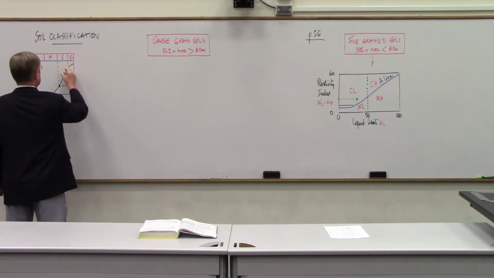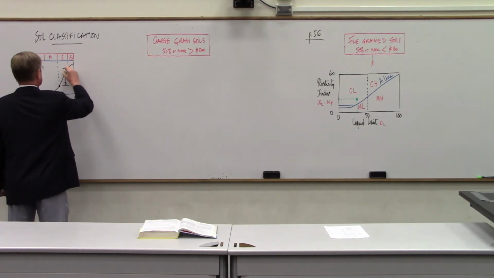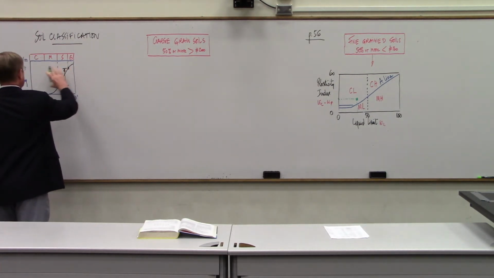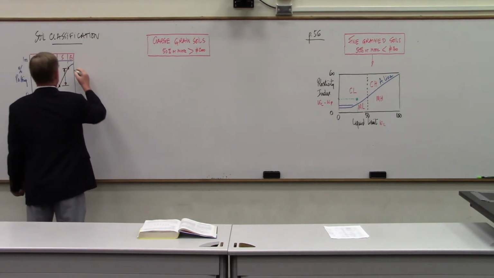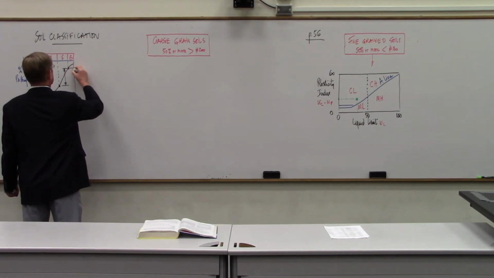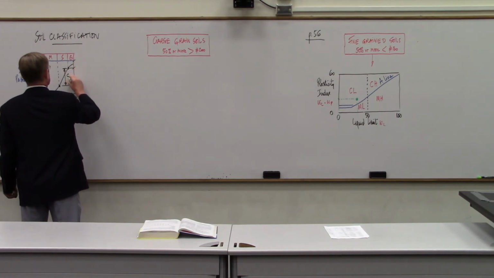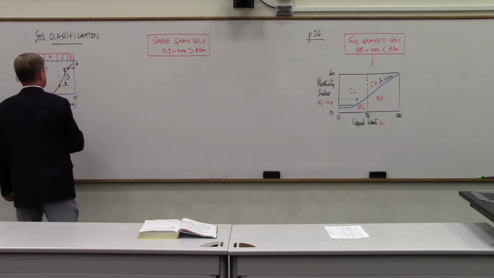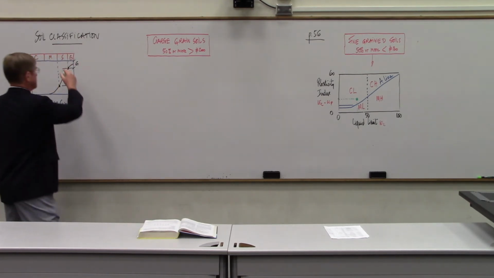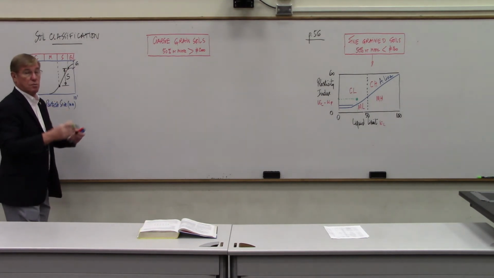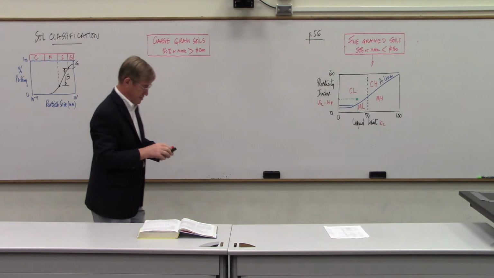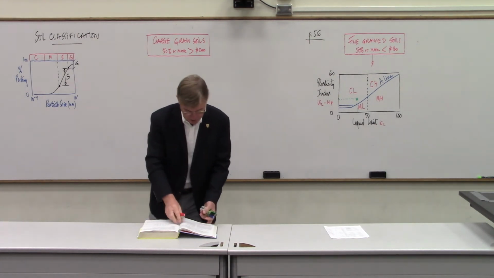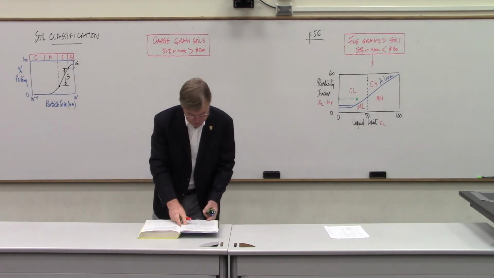So this is the percentage of sand that I have in the material, and then I have this much gravel. So this would be the sand percentage, this would be the gravel percentage, and these would be the fines. So it's clear in this case that that would be a sand, because you've got more sand than any other material.